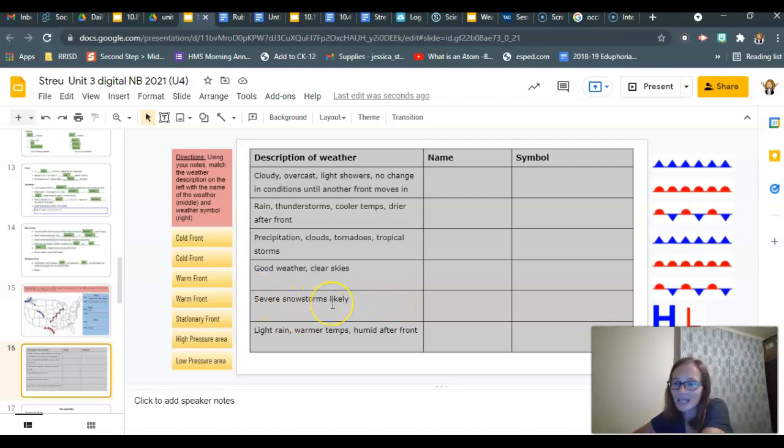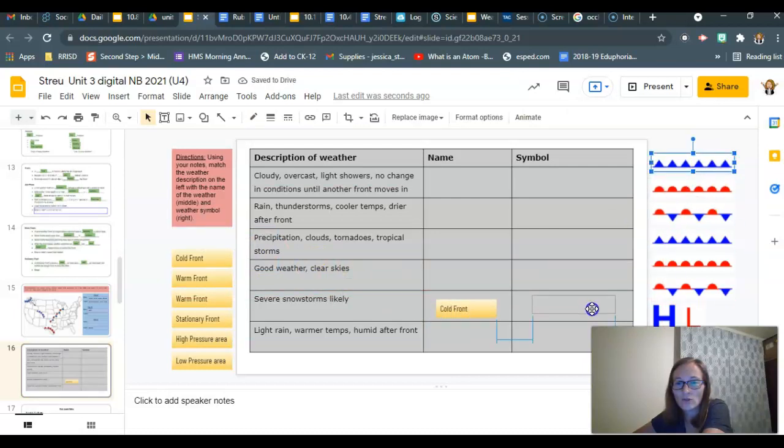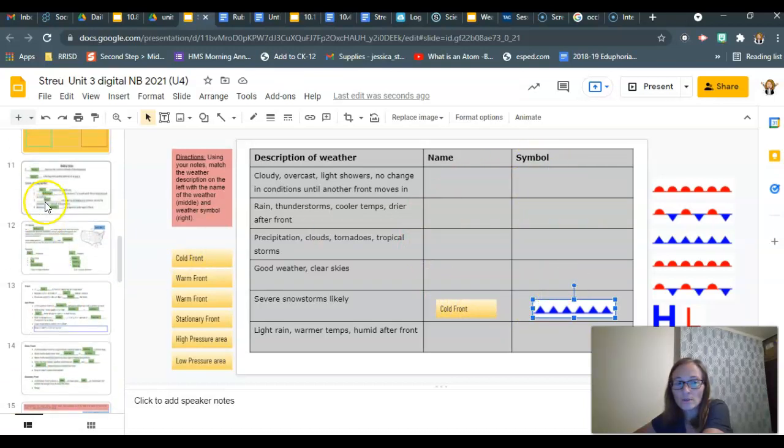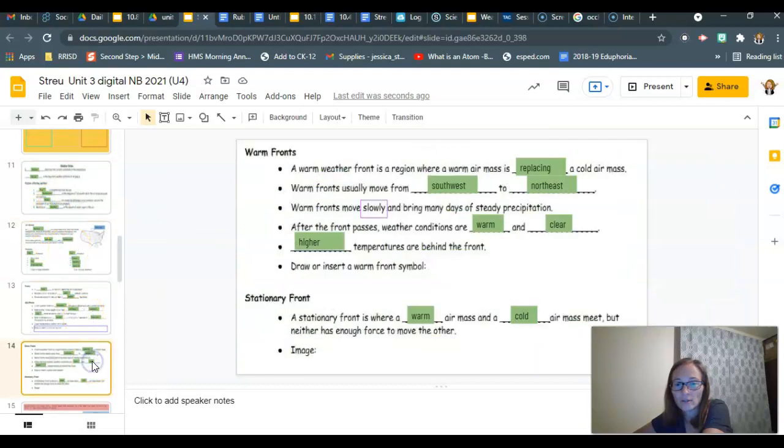Severe snowstorms likely. That's definitely going to be a cold front. So I'm going to label this cold front, and I'm going to drag a picture of a cold front next to it. Okay, you are going to finish these other names and symbols using your notes on slides 11, 12, 13, and 14.